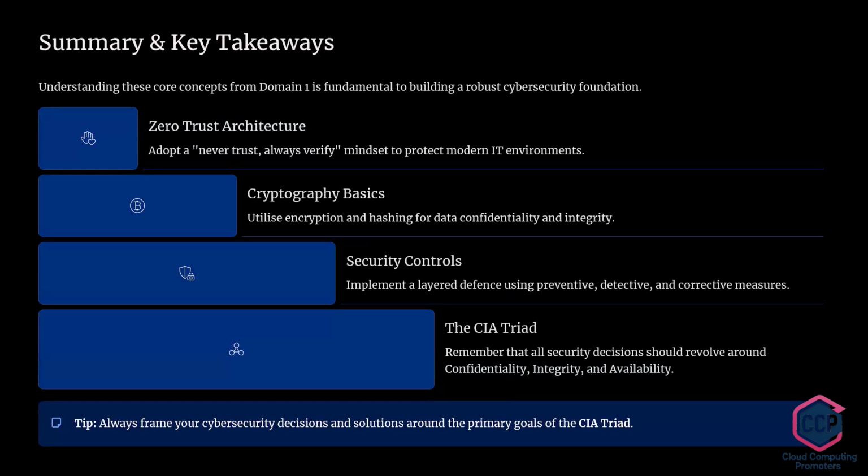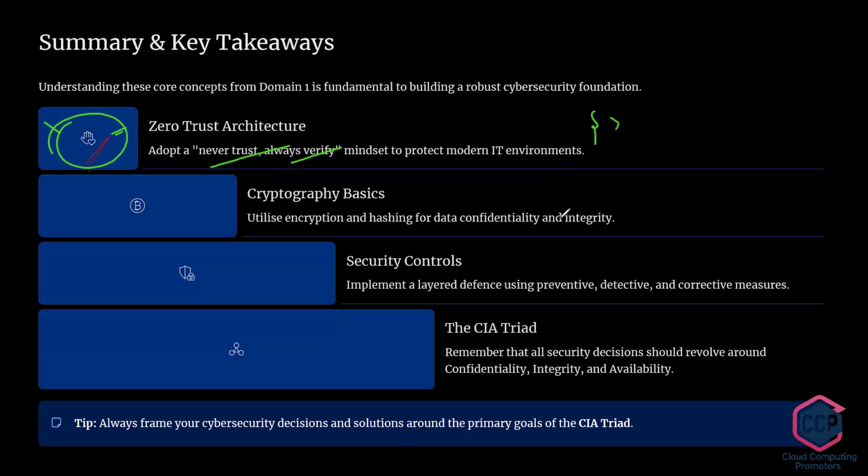So from this session the key takeaways are: ZTNA, which is most prominently used now, an architecture which says never trust, always verify. Right now everyone is adopting this architecture, moving from traditional architecture.